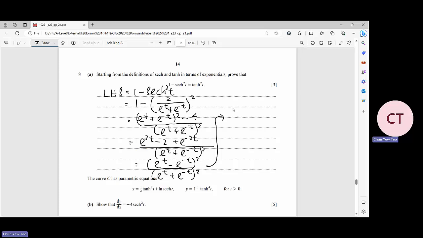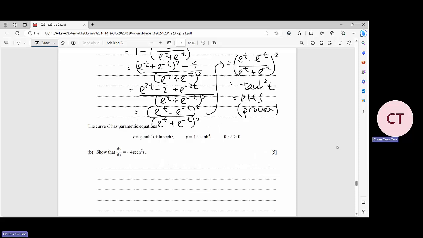So this continues over here. This is the same as this. From the formula booklet, you can see that this is tanh squared. This is equal to your right-hand side. So proven. Done for part A.